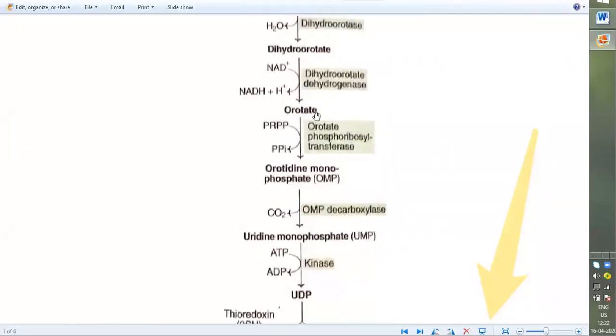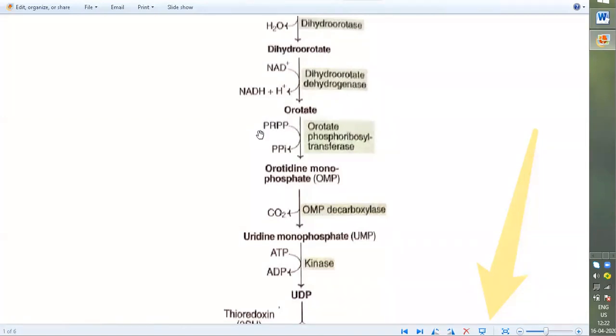Now this orotate is converted into orotidine monophosphate. The important thing here is that PRPP is involved. PRPP means phosphoribosyl pyrophosphate, so a nucleoside will be attached.